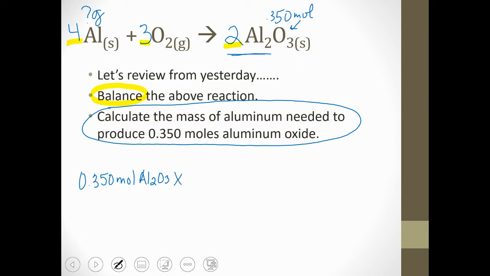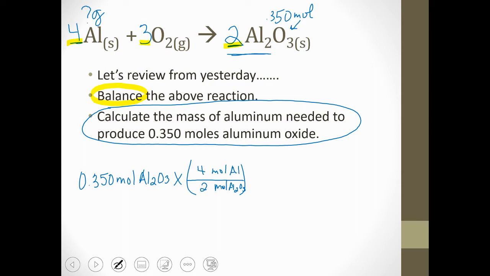Set up a factor label. The unit on the bottom has to match so that it will divide out. And I can use the mole ratio 2 to 4 to convert to moles of aluminum.